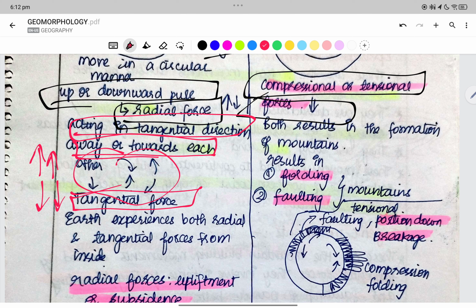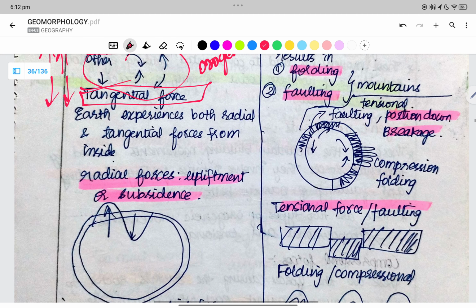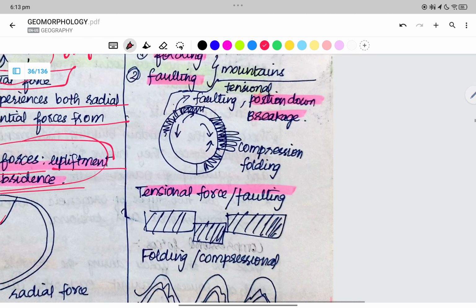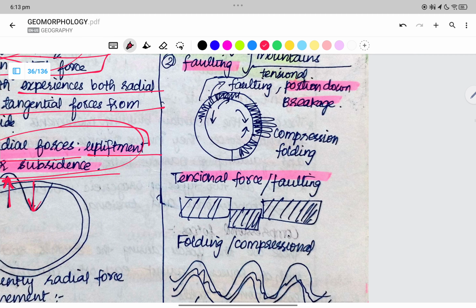The tangential force is with respect to the orogenic. Earth experiences both radial and tangential forces. Tensional forces and then compressional forces.